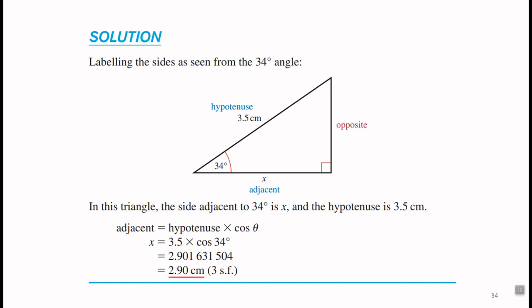Then you need to find x. So you need to join adjacent and hypotenuse, so you need to use cos. So cos 34 equals adjacent divided by hypotenuse. To find x, make adjacent the subject and substitute values and get the answer.